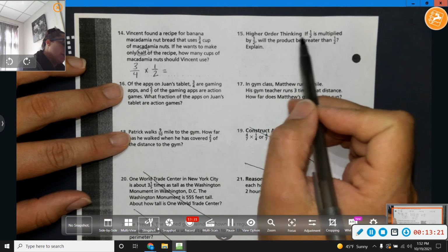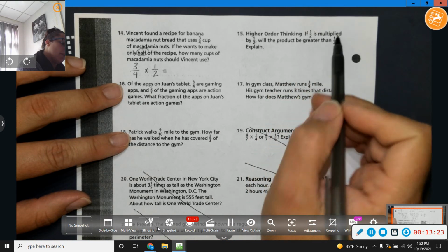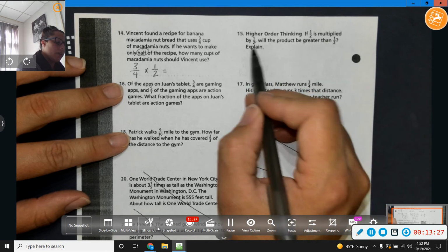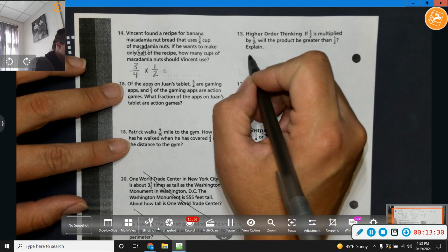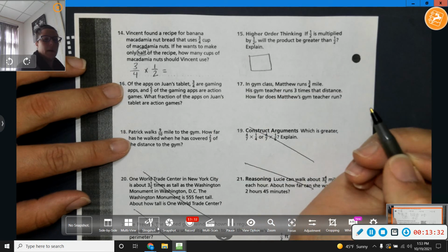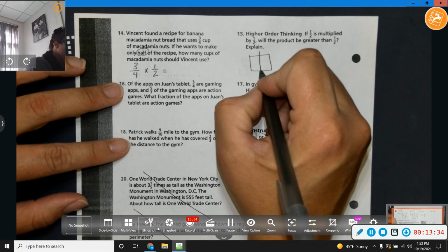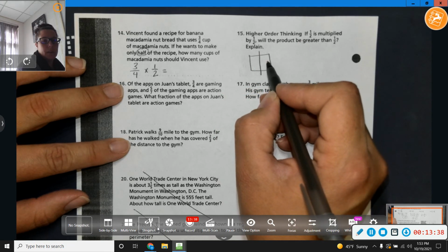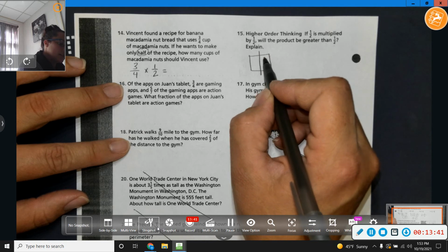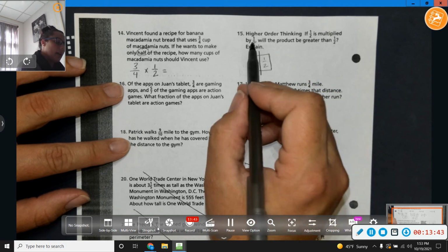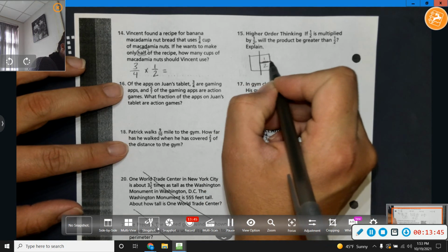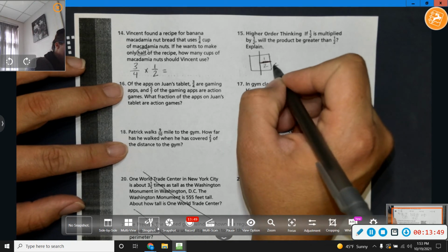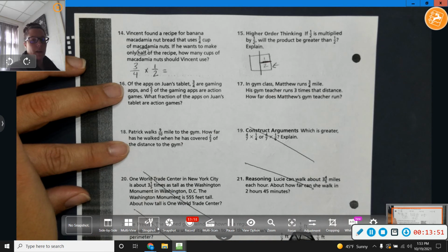Thinking higher order thinking, if 1/2 is multiplied by 1/2, will the product be greater than 1/2? Explain. So let's say I have a whole square. I cut that square in half because this half is mine. Okay? So if I have this half and I multiply it by a half, or cut it in half again, I'm only going to have a portion of that, right?